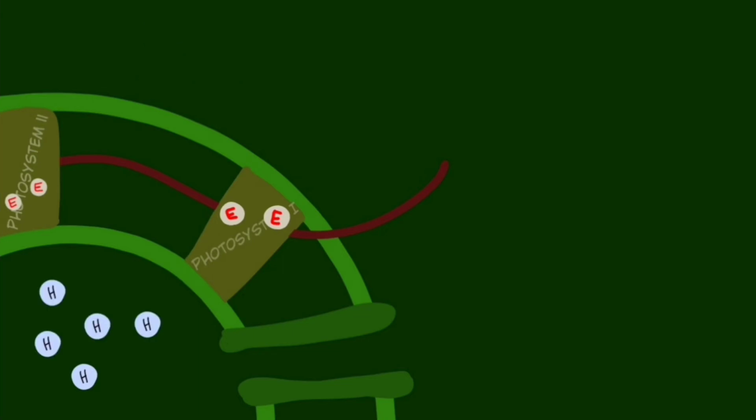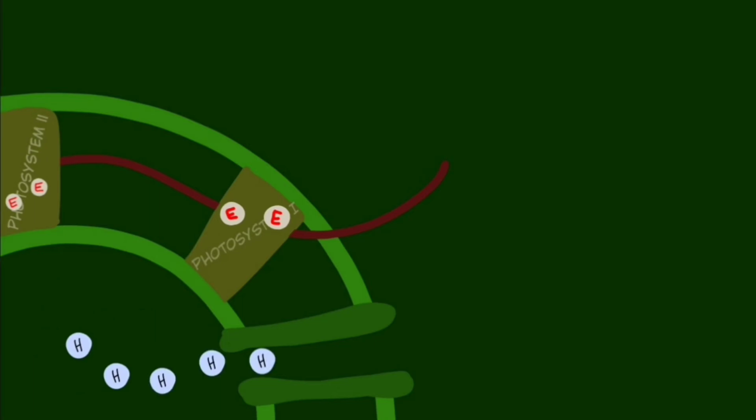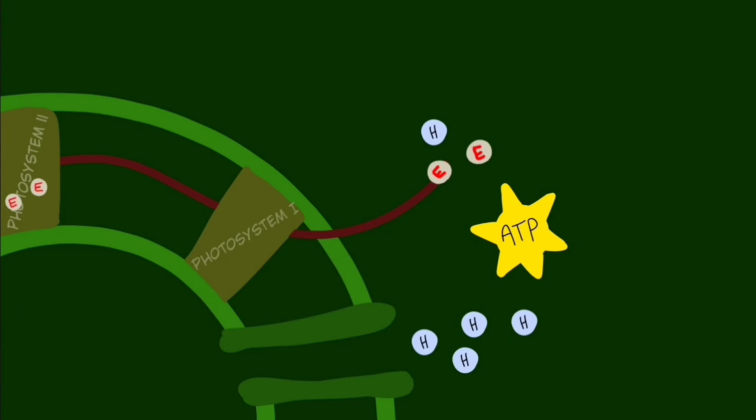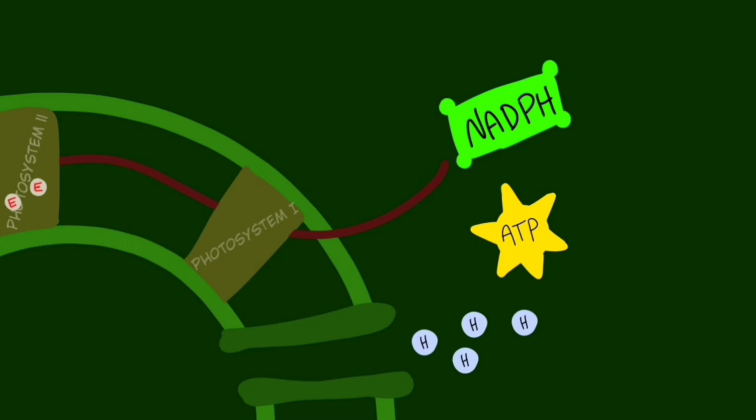Hydrogen ions outside of the thylakoid are then pumped inside. The high concentration of hydrogen ions inside of the thylakoid causes them to move through an ATP synthase. The energy produced from this is enough to add to this phosphate ADP, creating ATP. The electrons left in photosystem 1 are released outside of the thylakoid, where they are used with a hydrogen molecule to turn NADP+ into NADPH.